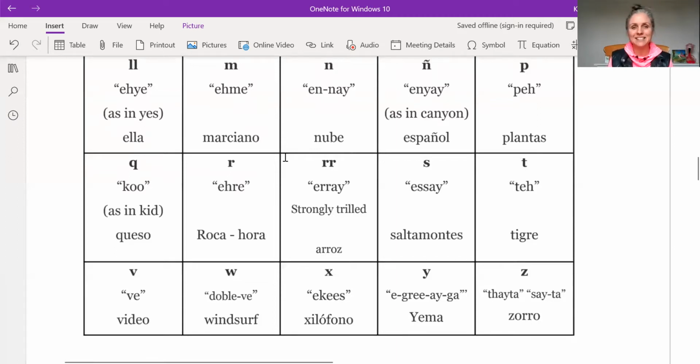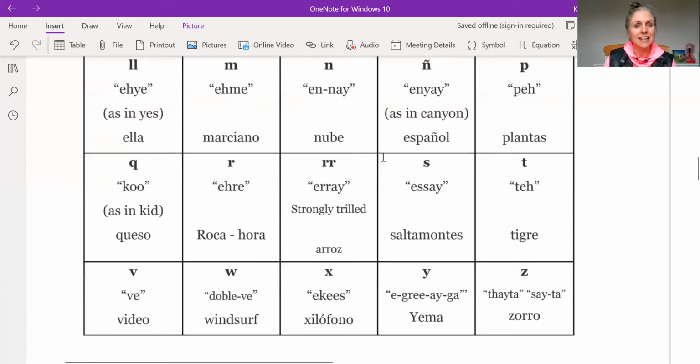It took me years to learn how to do this, to roll my R. And it's the double R sound, and it's the R sound, all right? As in arroz, which means rice. The best way to learn this is just to practice with tongue twisters and things like that, okay?